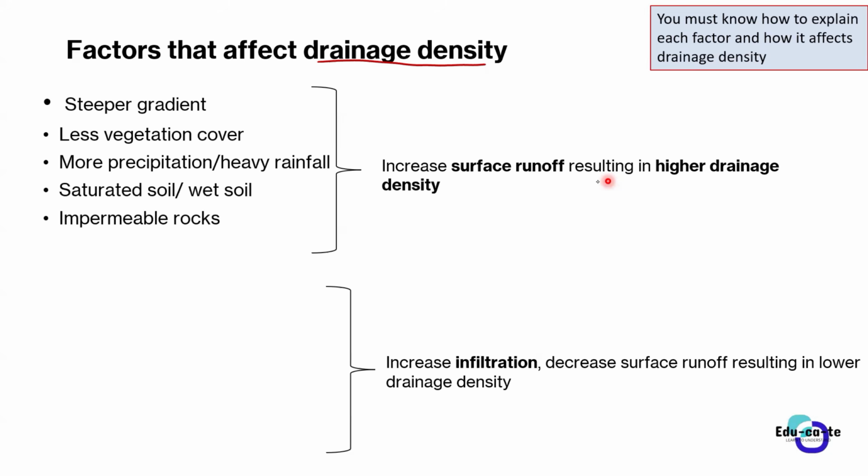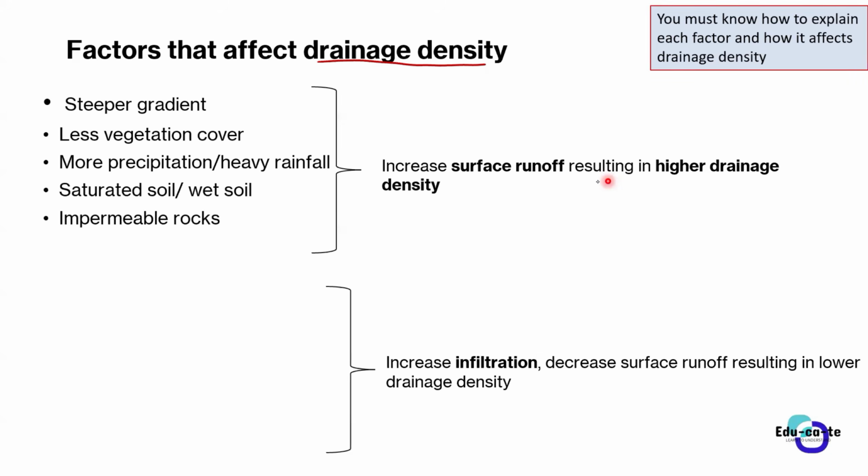Okay, sir. So let's say it's 6 marks, I'll do different points but the same reasoning. Yes, still the same reasoning. If they give you 6 marks and ask what factors might have increased the drainage density, you can say a steeper gradient increases surface runoff.